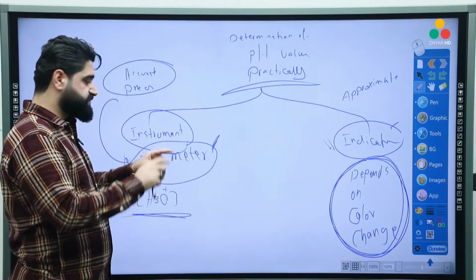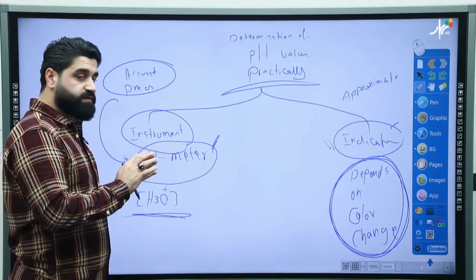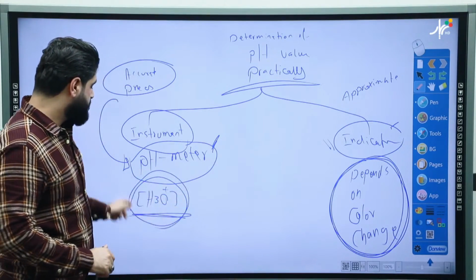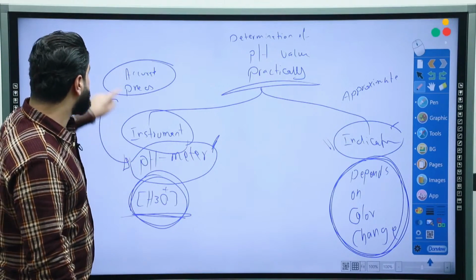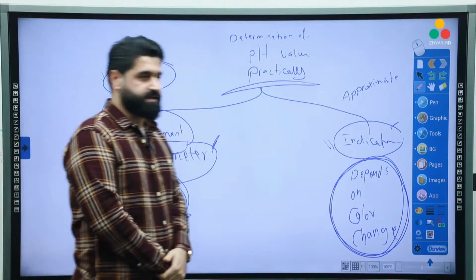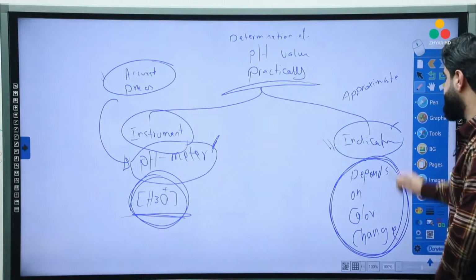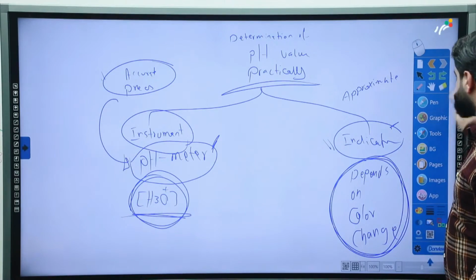That means it contains two electrodes, and from the voltage difference between them and the concentration of H3O, it measures the value of pH more accurately. And for the approximate value of pH, we have the indicator, which depends on the change of color.